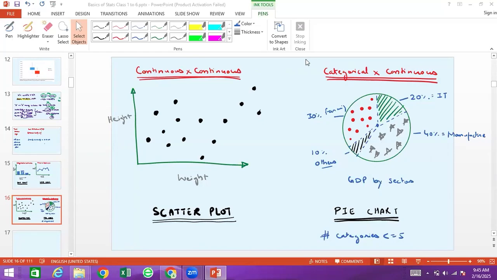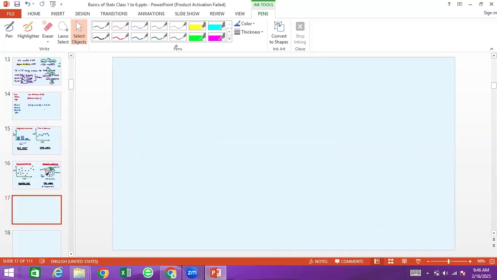And the last kind of chart is the box plot. We use box plot when there is only one variable, and that variable is continuous. If there is one continuous variable, then we use box plot. How does the box plot look?